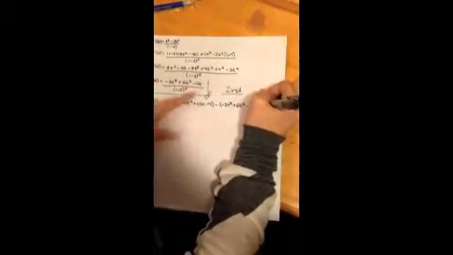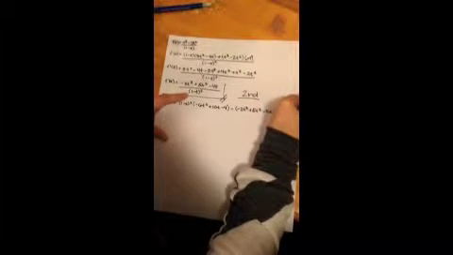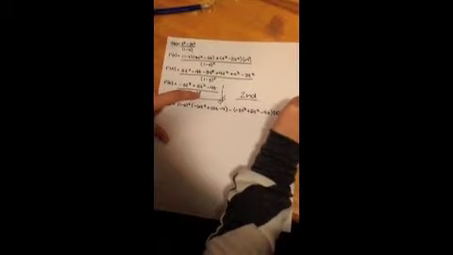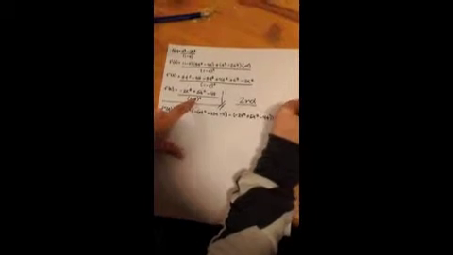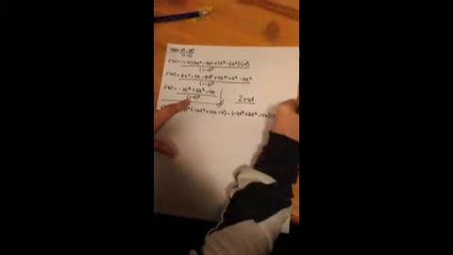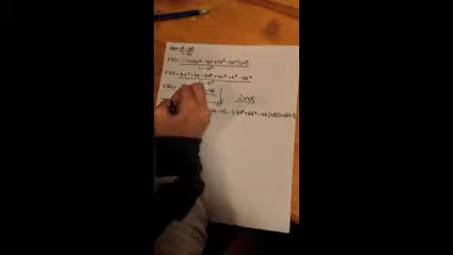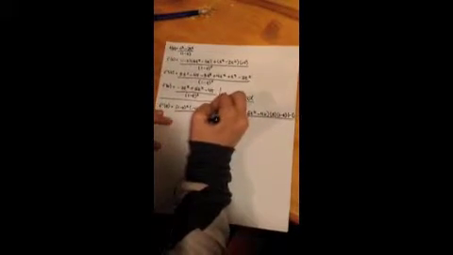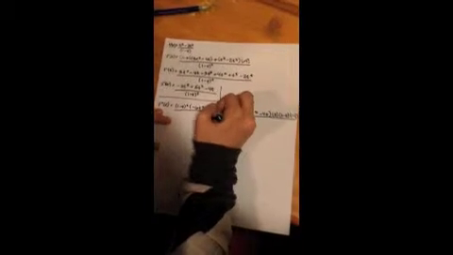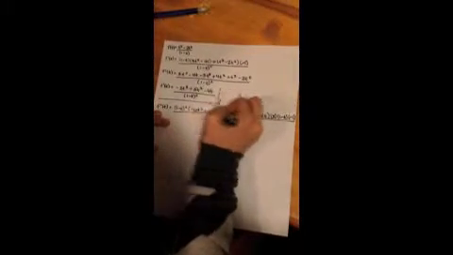This is a chain rule, so it's 1 minus t, it's 2 minus 1, and times the derivative of the one in parentheses, which is -1. All of this divided by 1 minus t squared, and then we square this again.